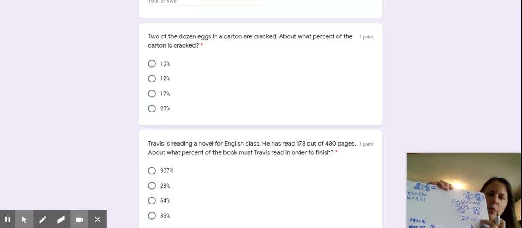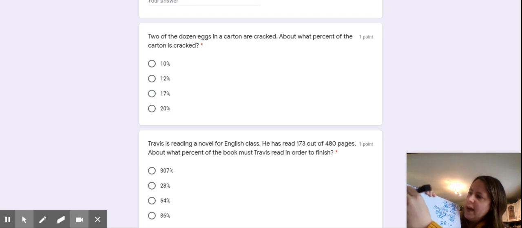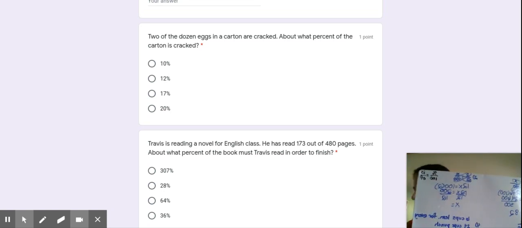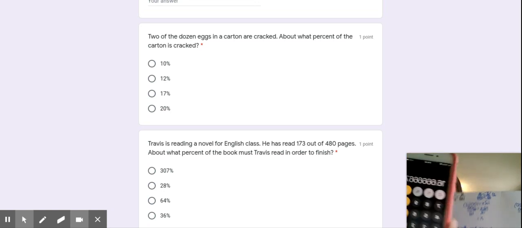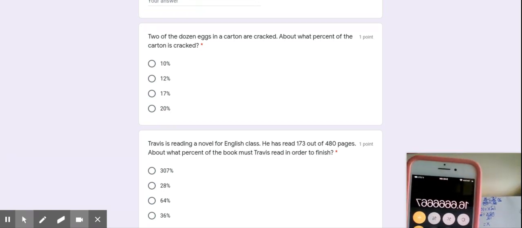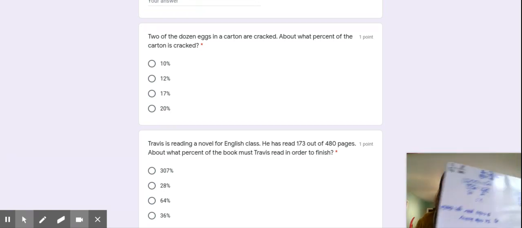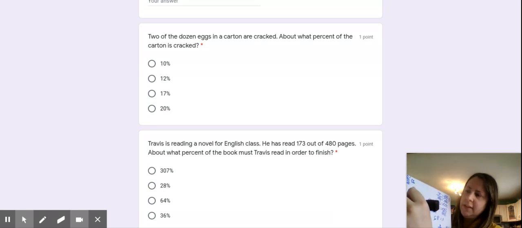Just like this one, we need to divide by the number with the variable. And this isn't going to be a nice even number. We get 16 2/3, which on the calculator is 16.6 repeating. That's about 17%.